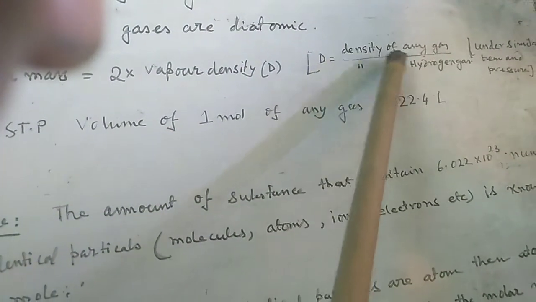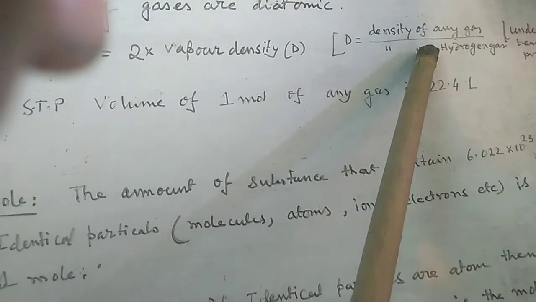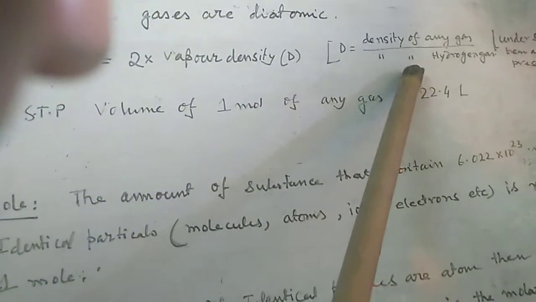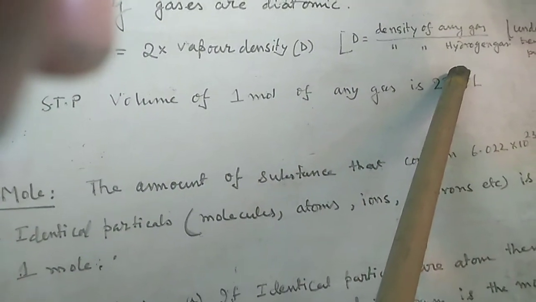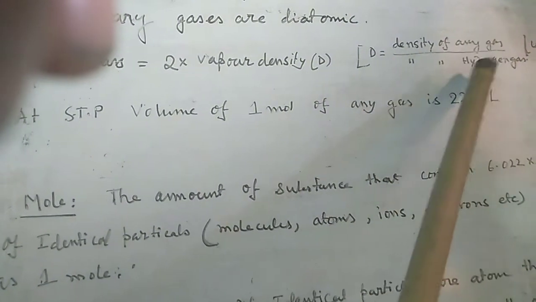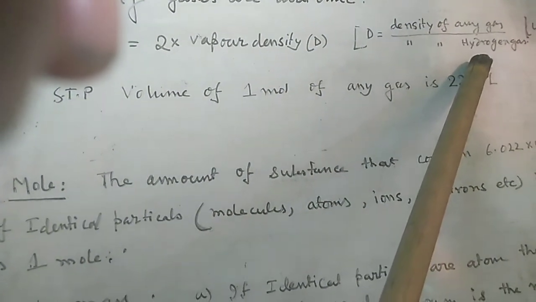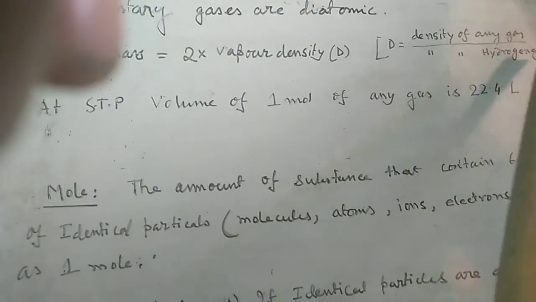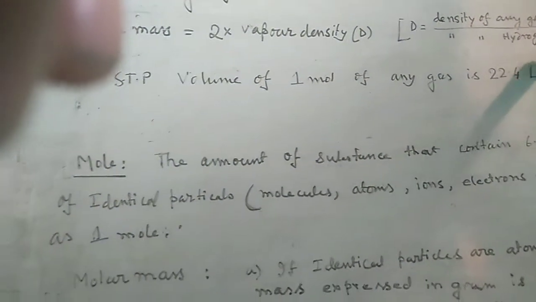So the ratio remains constant, and vapor density is dimensionless, it has no unit, because it is a ratio of the same quantity.